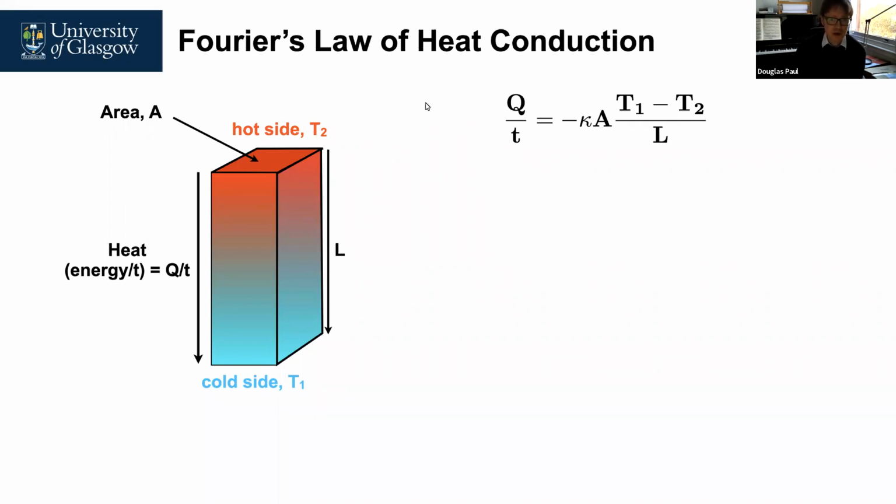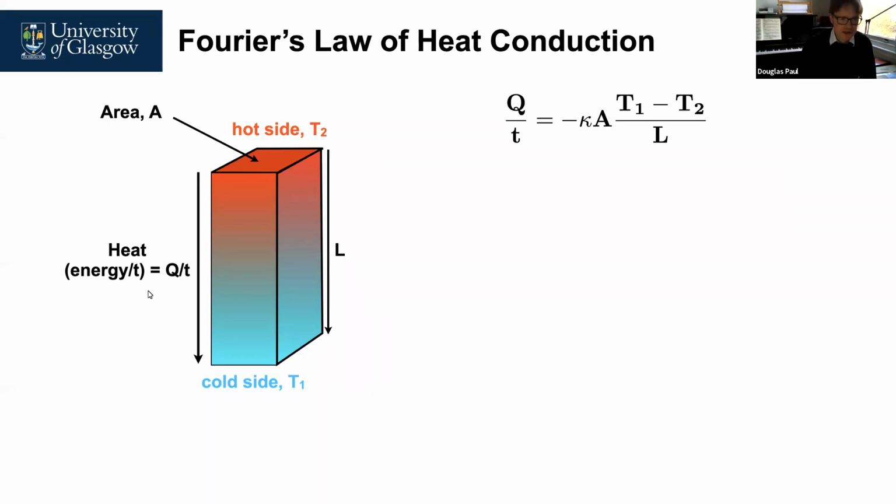So it's Fourier's law of heat conduction. If we have a material that has thermal conductivity kappa, in this case we're looking at just a leg where the material has an area A, and the heat is going to flow through this material.